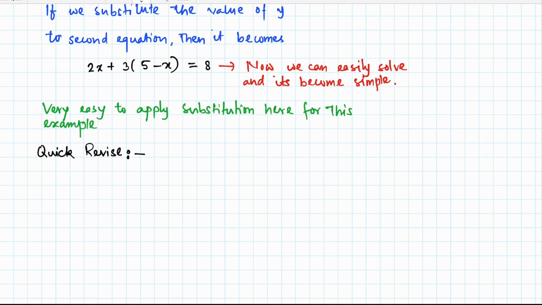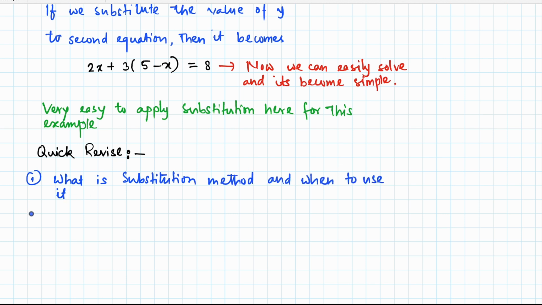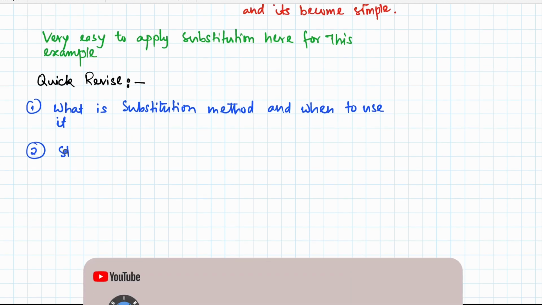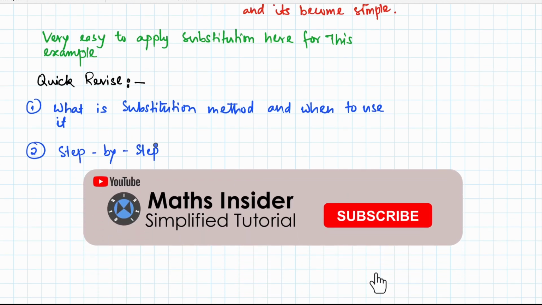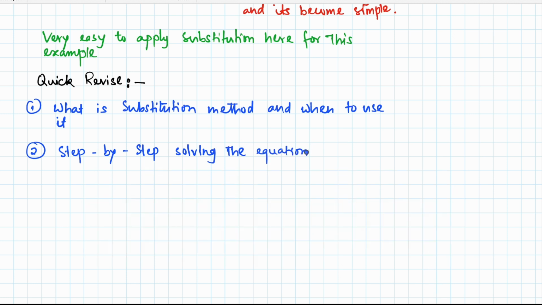So let's quickly revise what we have learned so far. Number 1, what the substitution method is for solving a pair of linear equations in two variables, and when to use it. Number 2, step by step solving of the equations, keeping in mind the sign of the equations.